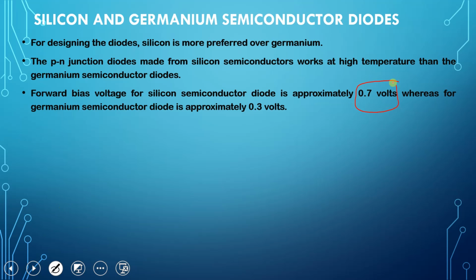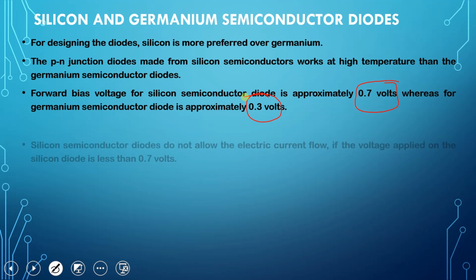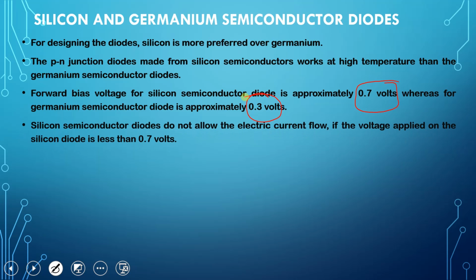It is a very important point to note that the silicon semiconductor diode voltage is 0.7 volt and the germanium semiconductor diode voltage is 0.3 volts. A silicon semiconductor diode does not allow the electric current to flow if the voltage applied on the silicon diode is less than 0.7 volts.